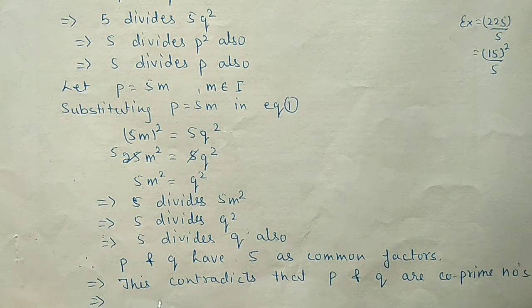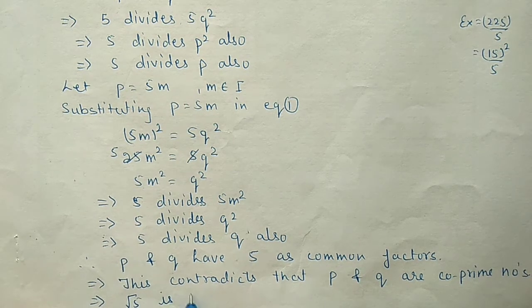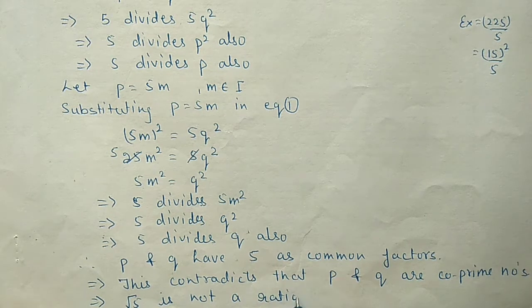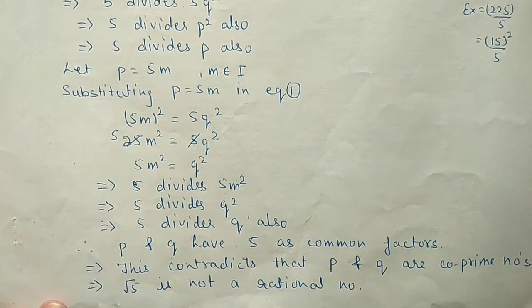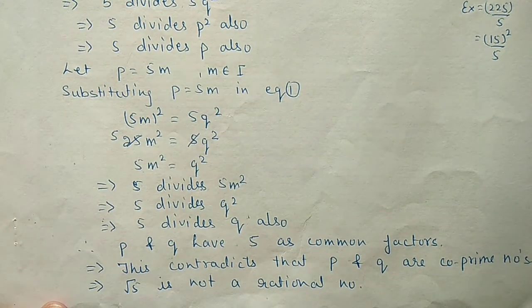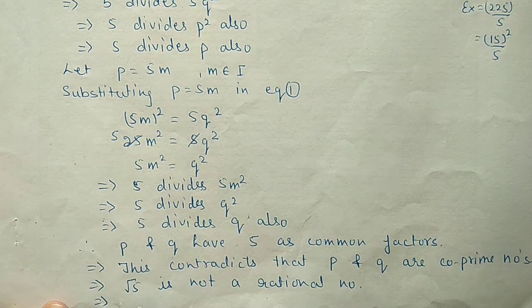So what do we get? We get here root 5 is not a rational number. And if it is not a rational number, it means it is an irrational number. Any number which is not a rational number is an irrational number.